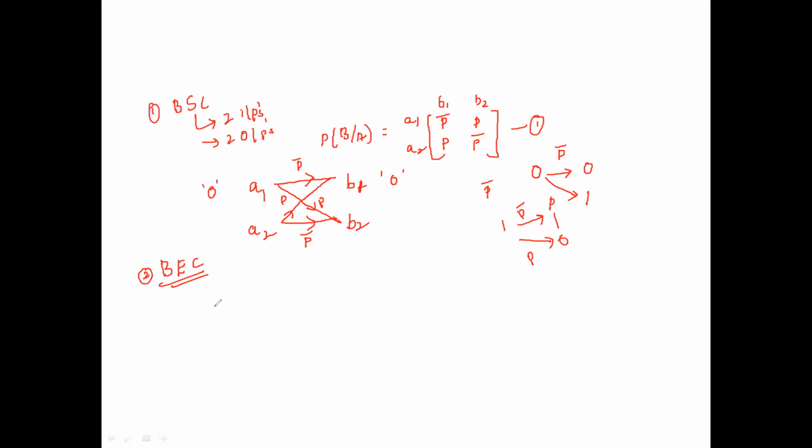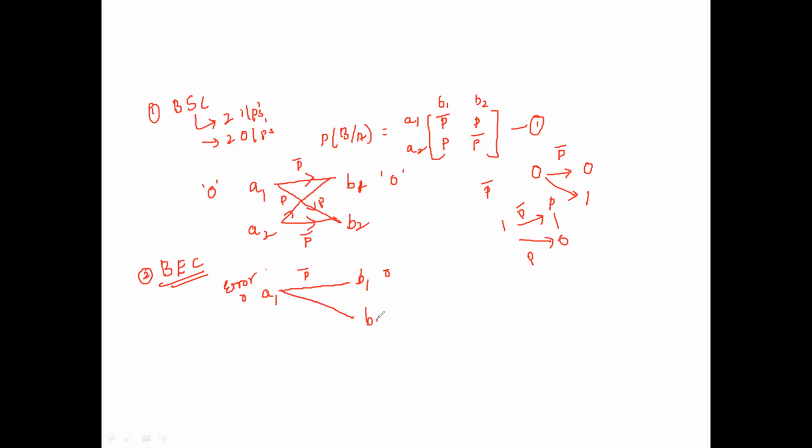Instead, it will send it back through the reverse channel, considering it an error bit. If A1 is transmitted and I receive B1, the probability is P bar. P bar means if I transmit 0, I should receive 0. If I am not receiving the same symbol, that we call an error.